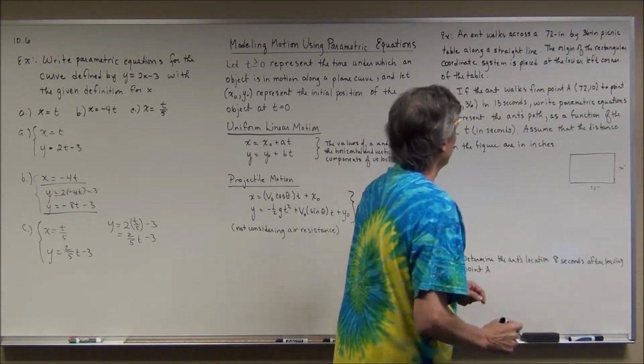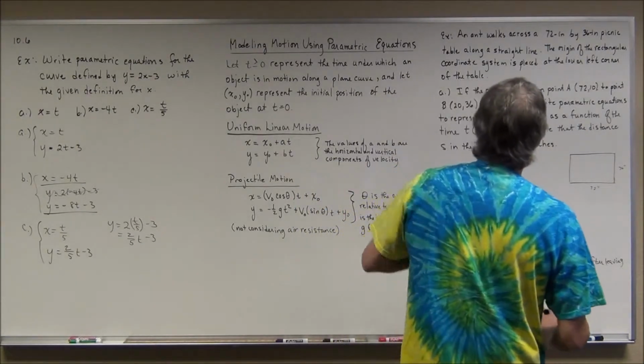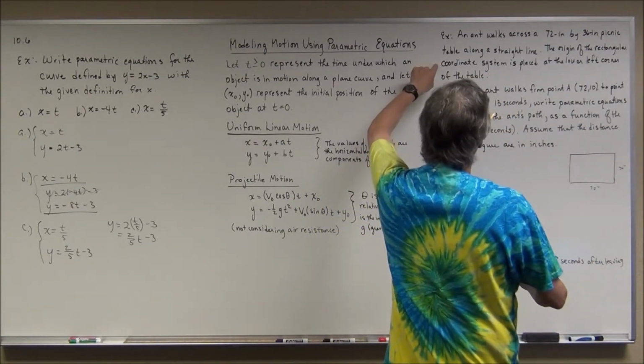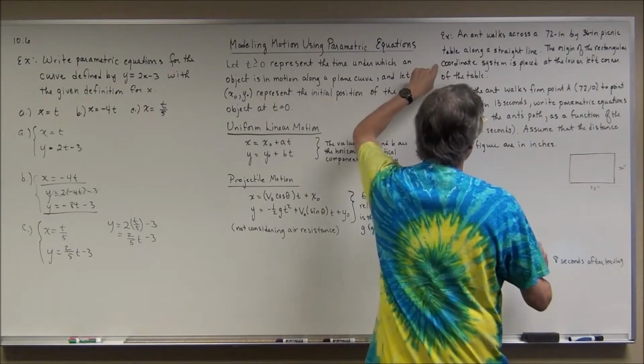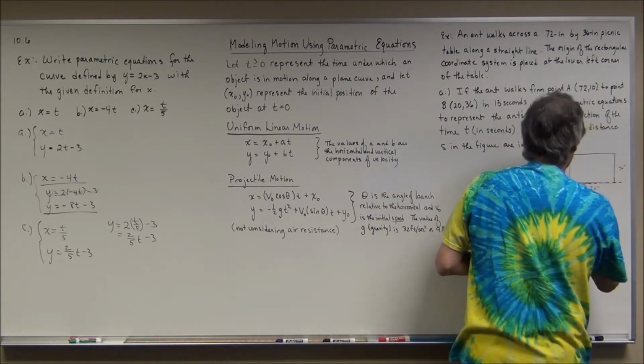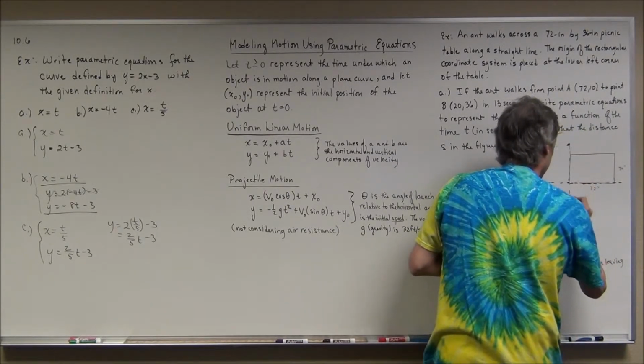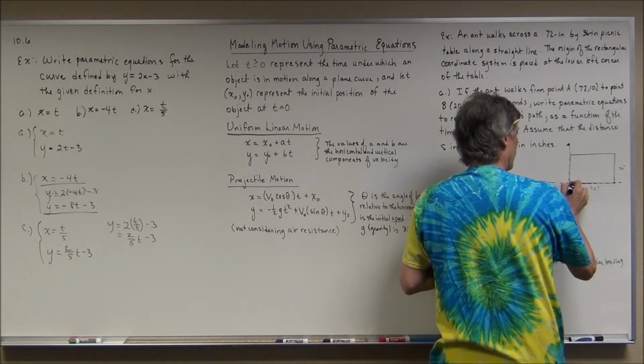So it's 6 feet by 3 feet. Now we're going to put this so that the lower left corner is at the origin. Alright, so here are my axes. I'm going to make them dotted. So there's the origin right there.